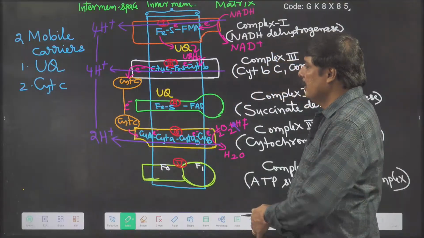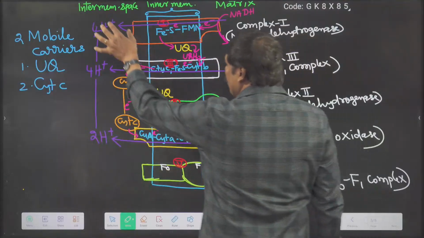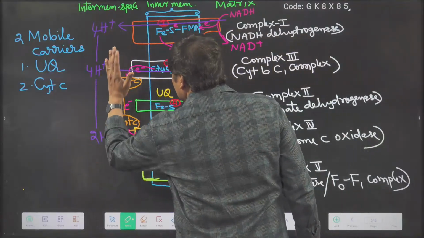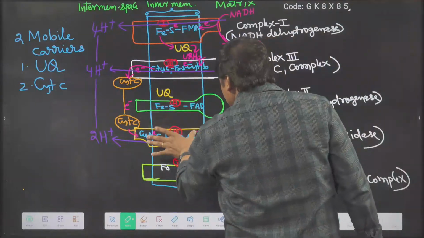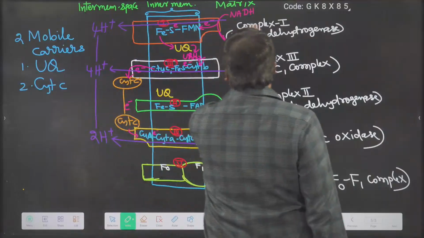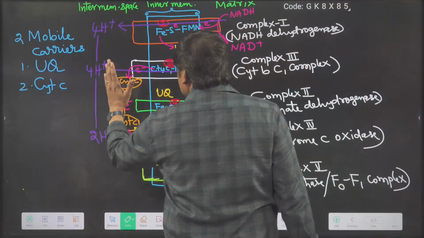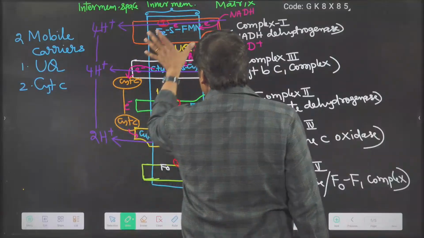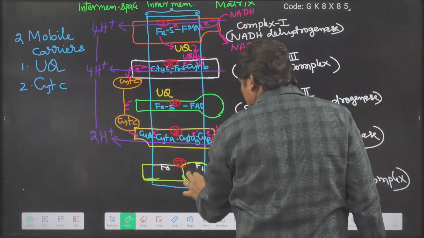Okay? How does the proton gradient break? See, more protons are there here. They want to move back into the matrix, but these complexes do not allow it. These protons want to move back into the matrix, but it is only one-way transport. This movement of protons is not allowed by these complexes except complex 5.